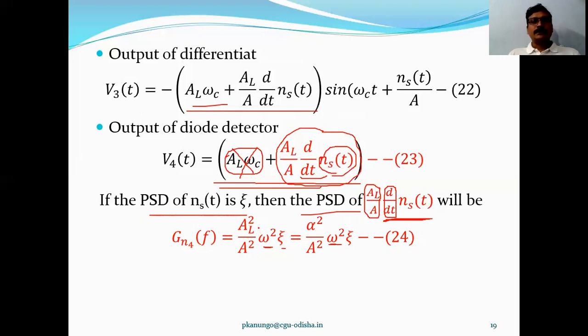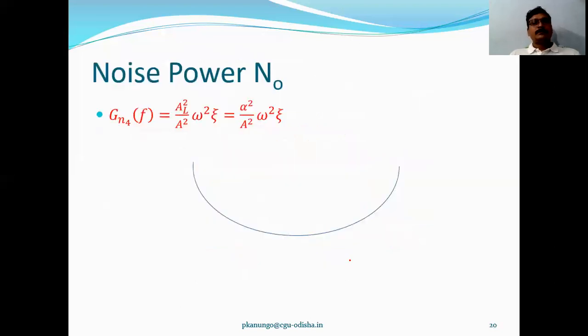So the result is A_L squared by A squared times omega squared times zeta. This is equation 24.